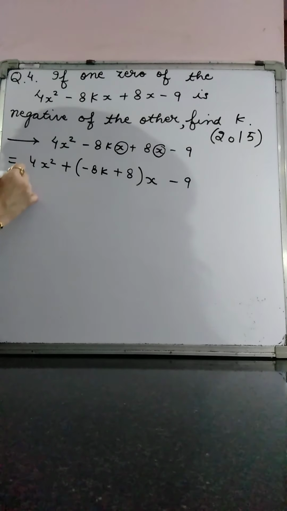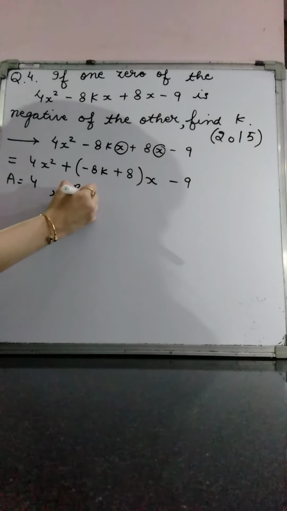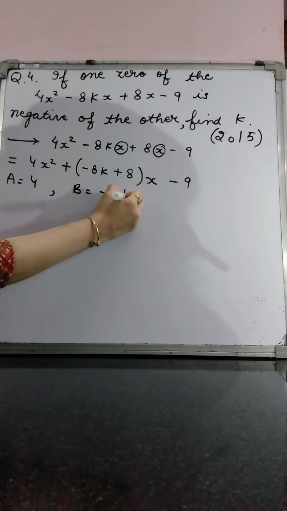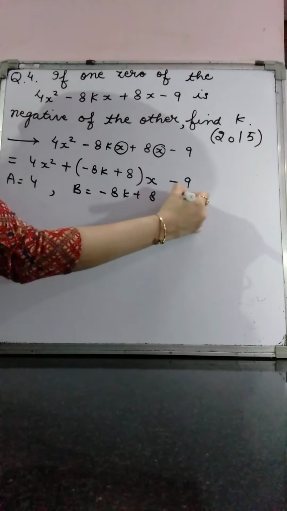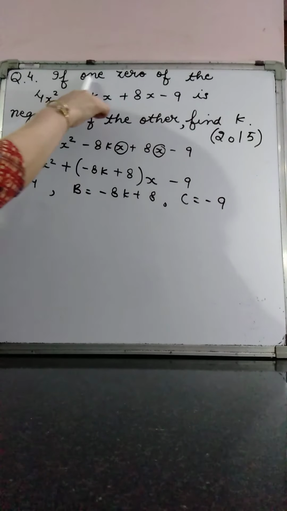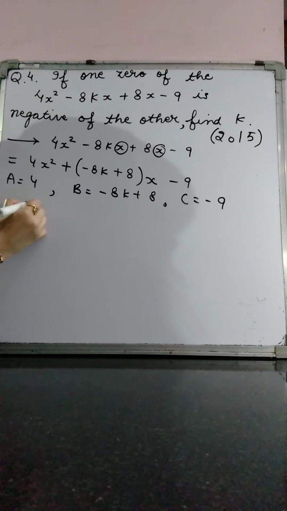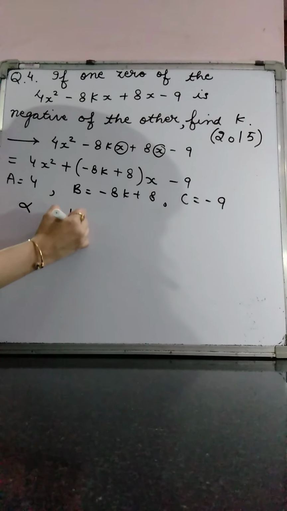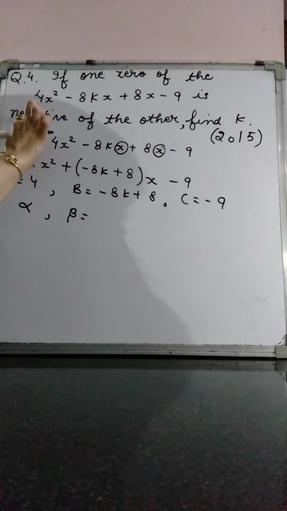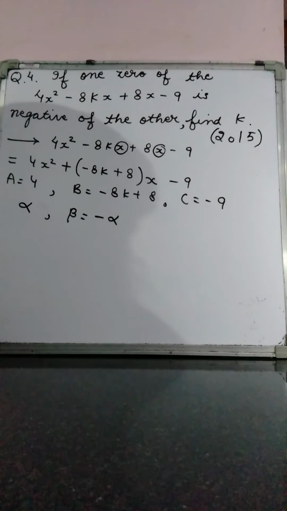Then compare. We get the value of a as 4. The value of b is minus 8k plus 8 and the constant term is minus 9. Now if one zero is alpha, then the other zero is the negative of it. Beta value is minus alpha.